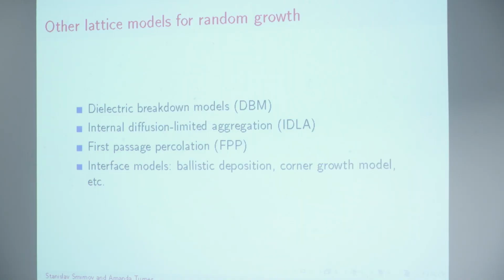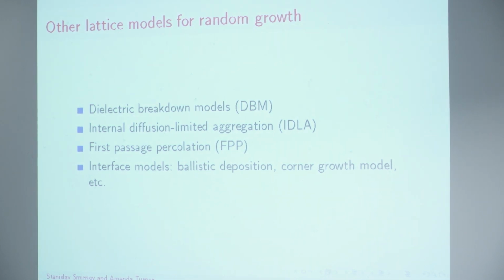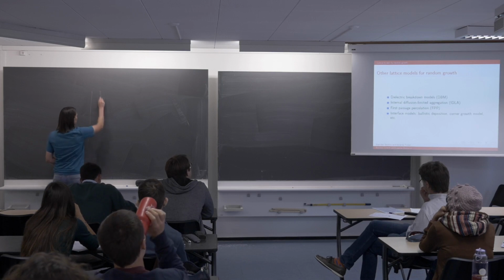Okay, and there are also some other lattice models for random growth. So I'm just going to briefly describe the models. I'll do that on the board just to give you a flavor of the type of models which are out there.